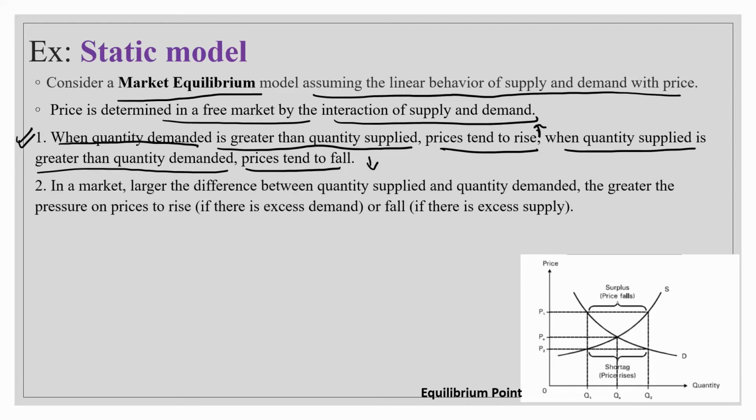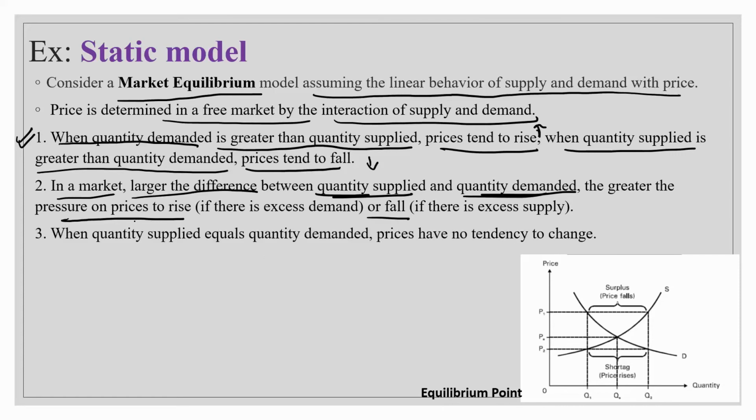The second rule is that in a market, the larger the difference between the quantity supplied and the quantity demanded, the greater is the pressure on the price to rise or fall. And the third one is when the quantity supplied equals the quantity demanded, the price has no tendency to change.